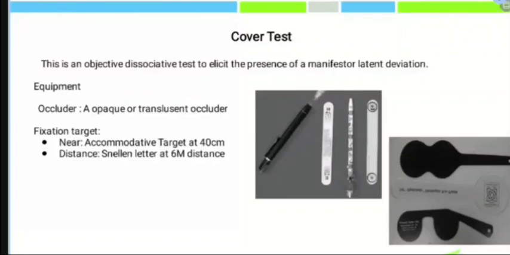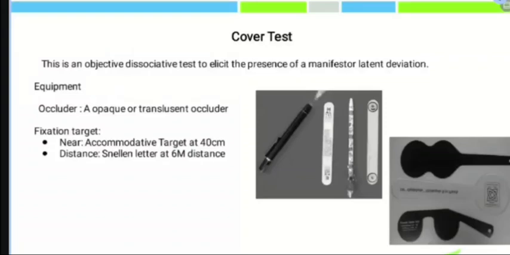It is again an objective test where we need the patient's cooperation, but the patient's response is not needed. The equipment we need is a translucent or opaque occluder. Translucent will be easier for us to examine, to see the eyes, whereas opaque will be much more difficult.